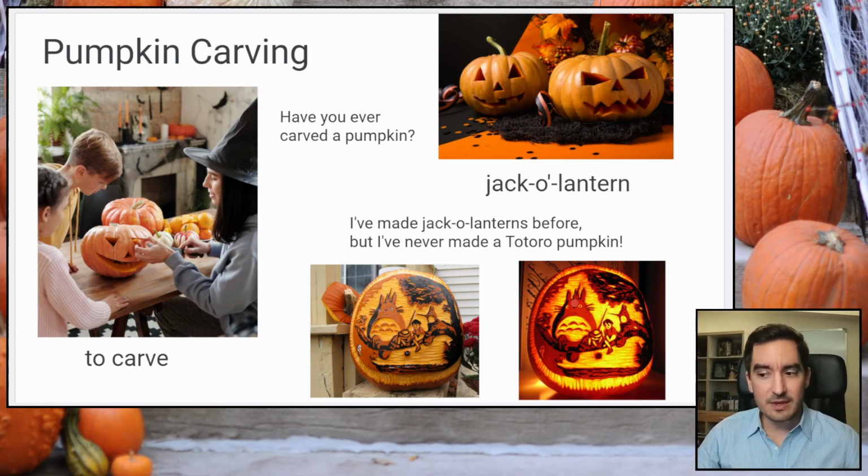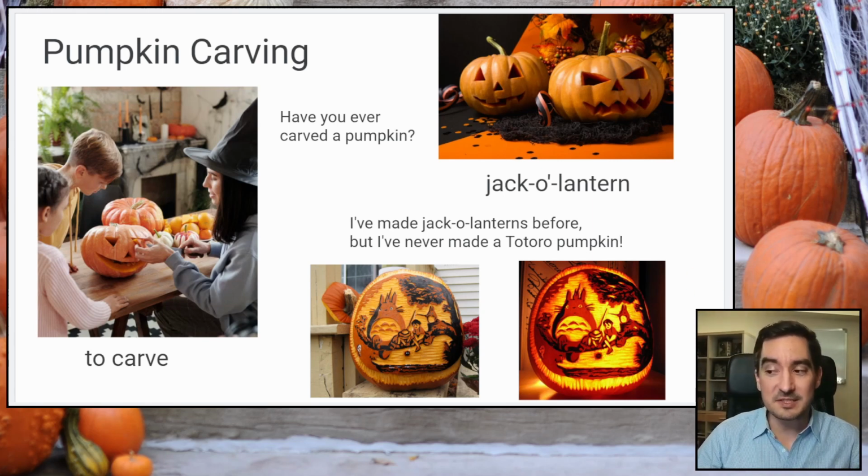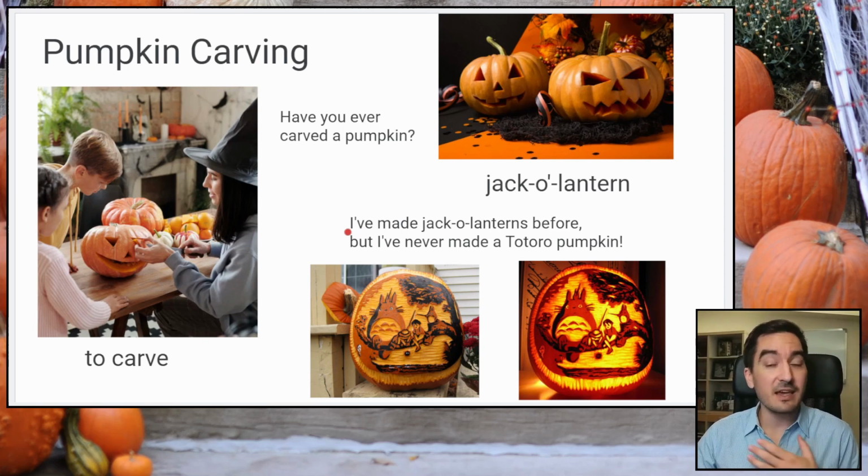But if you do it like this, when you put a candle inside the jack-o'-lantern, it glows, which is pretty awesome. So it glows through the meat of the pumpkin, but the skin blocks some of the light, so you get this beautiful pattern.